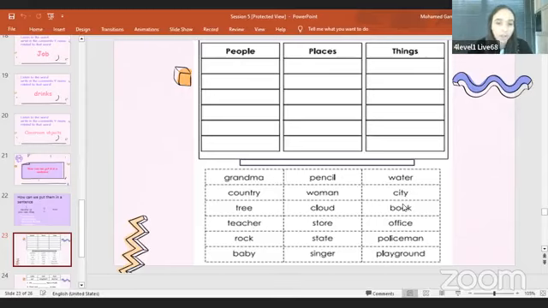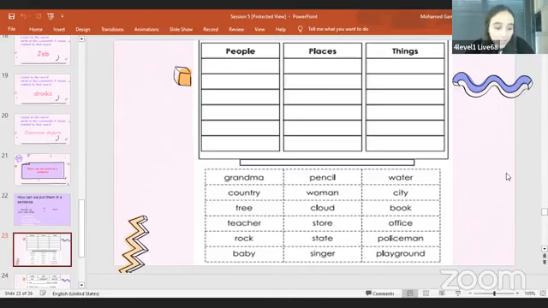Okay, can you write your answers in the comments? What are the nouns related to people, nouns related to places, and nouns related to things? Is it hard?